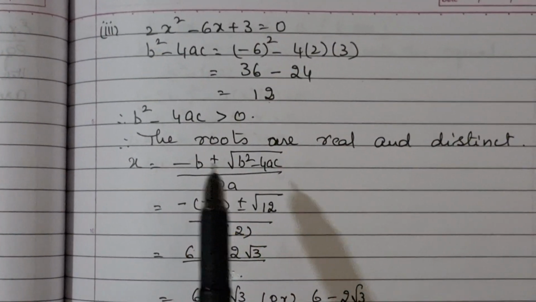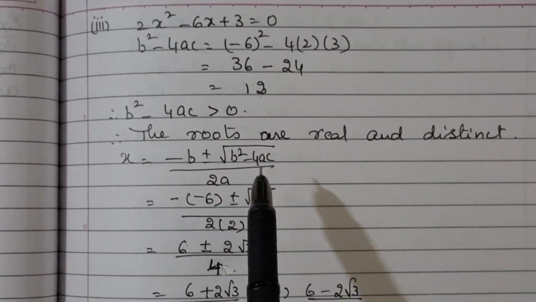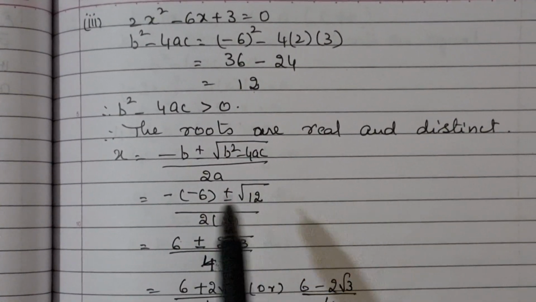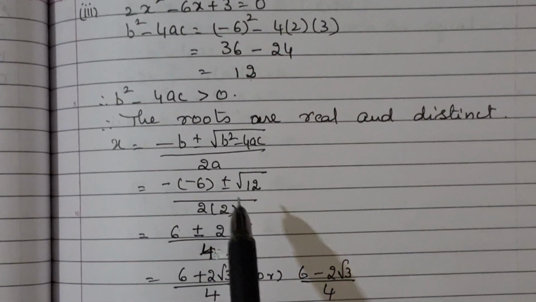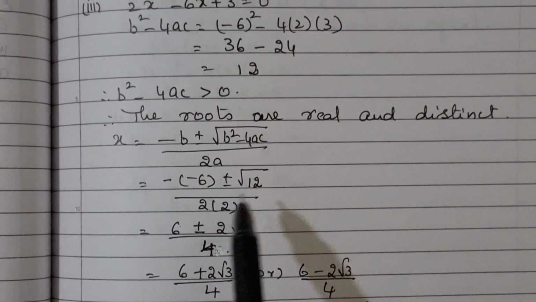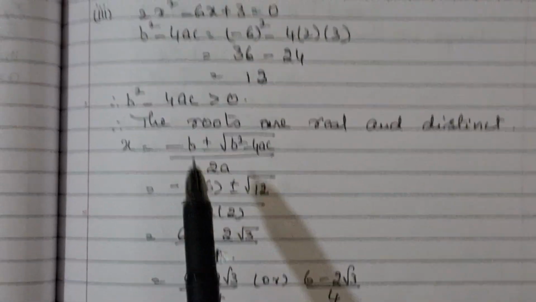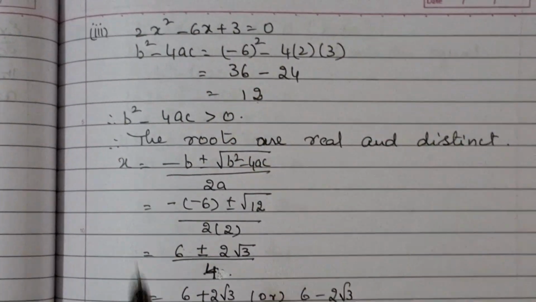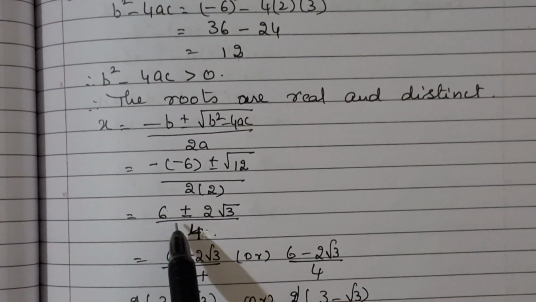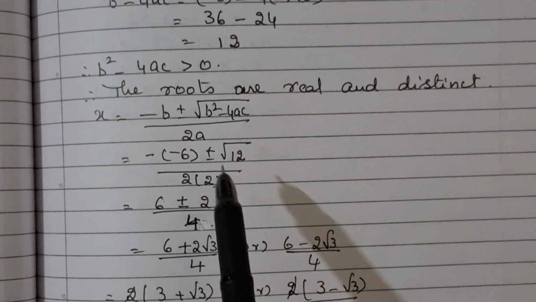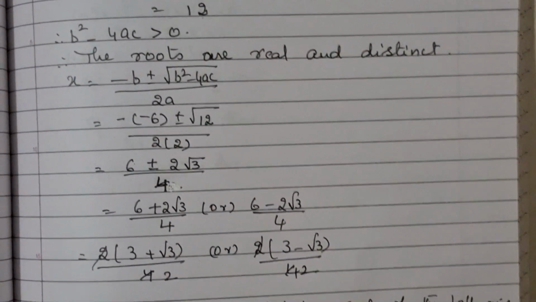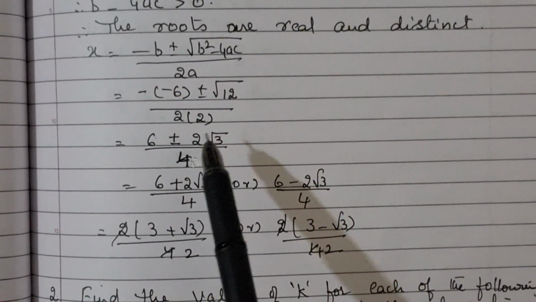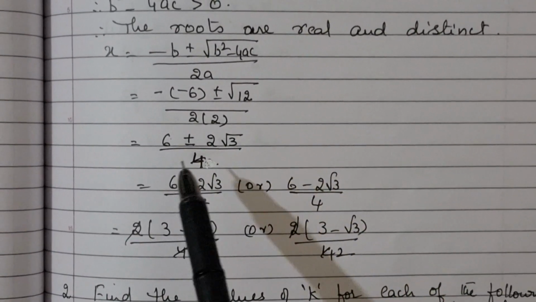So x value is (−b ± √(b² − 4ac)) / 2a. So minus of b is 6, plus or minus √12, by 2 into a; here 2 is there, so a is 2. That is 6 ± √12. √12 means 3 4s are, 4 will come out as 2√3, by 4.